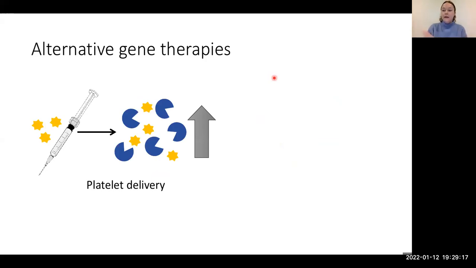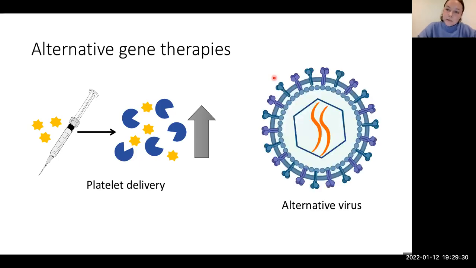So this would be a regular infusion of platelets, and the platelets themselves generate the ADAMTS13 to work in the body. That's another approach looked at by other research groups. Other labs are looking at using different viruses. I said previously that there's not just one virus available in the world of gene therapy. There are multiple, and some are choosing to look at using different viruses.